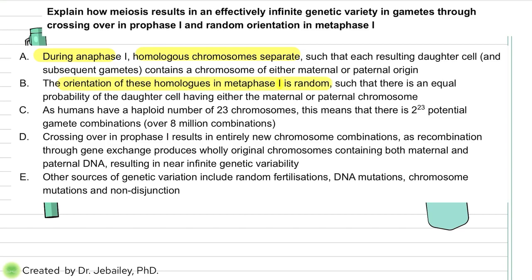So there's equal chance that each parent's chromosome will go one way. Also, we talk about the combinations of the gametes, which is 2 to the power 23. We also talk about the crossover that happens in prophase 1, how it gives you different types of chromosome variability. And then other variations such as random fertilization, DNA mutation, chromosome mutation, and non-disjunction. So these are the main things you might mention if you want to explain how meiosis gives effectively infinite genetic variety.